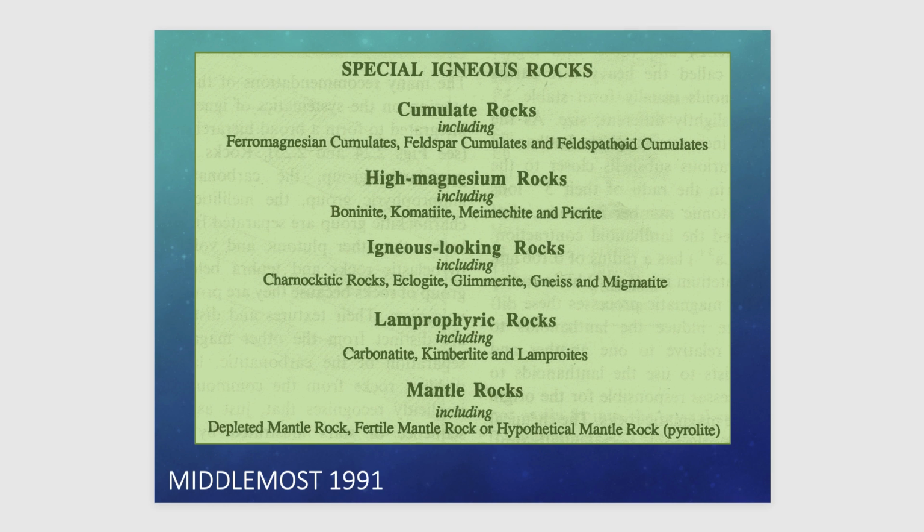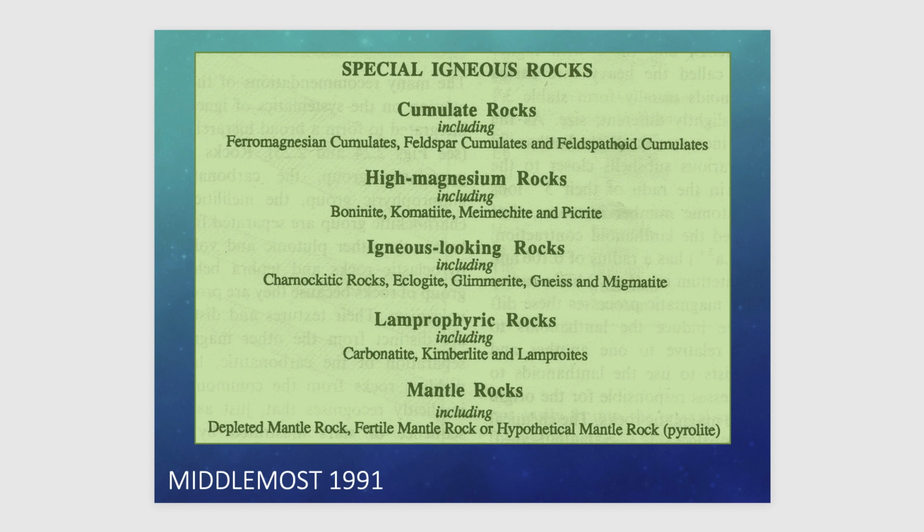The other type of rocks are the high magnesium rocks, so the boninites, the komatiites, meimechites and picrites, and these are examples of lavas, like komatiites, that we will consider.